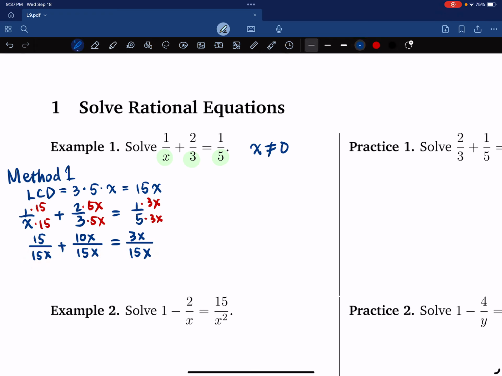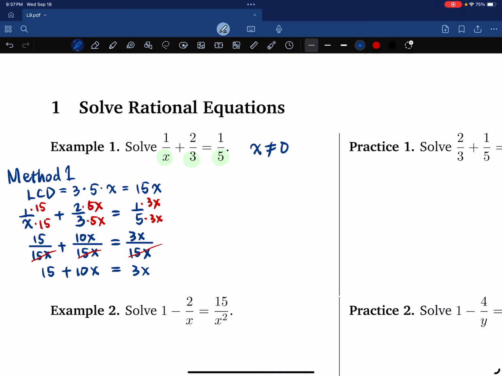So you could combine the left-hand side, or you could just say that since these are just fractions with the same denominator, we can simply get rid of the denominator and write down that the numerator must be true. For the equation to be true, the numerator, 15 plus 10x, will be the same as 3x. And then this equation, as you can see, doesn't have fractions anymore. We can solve it as usual.